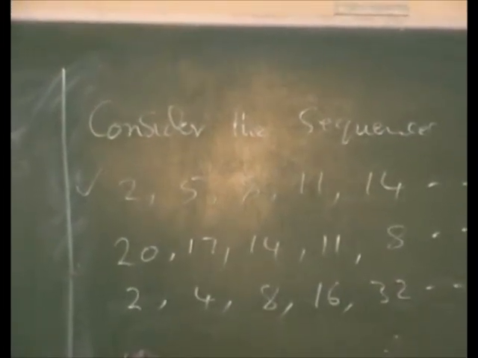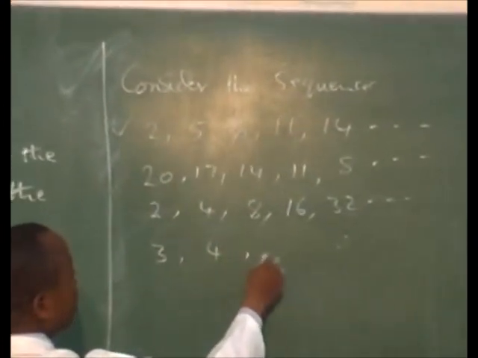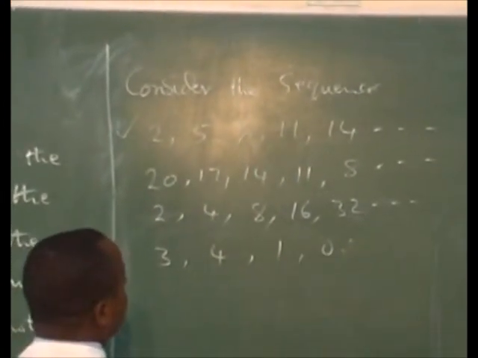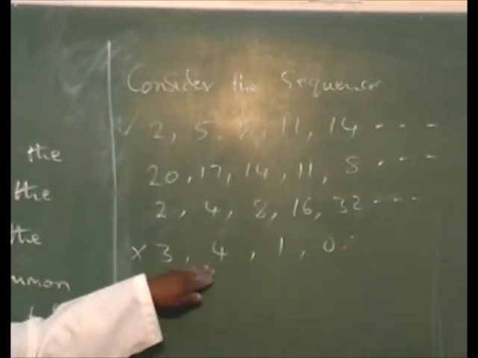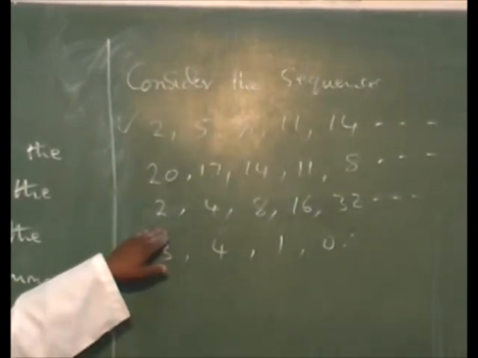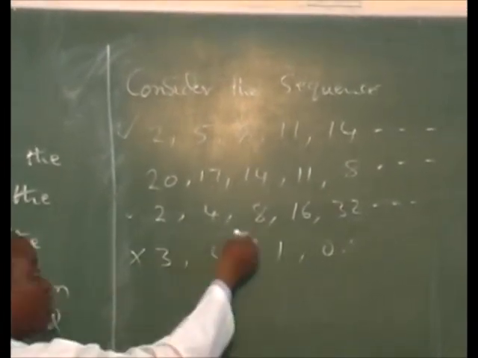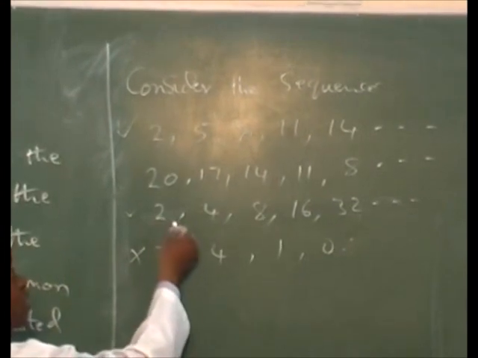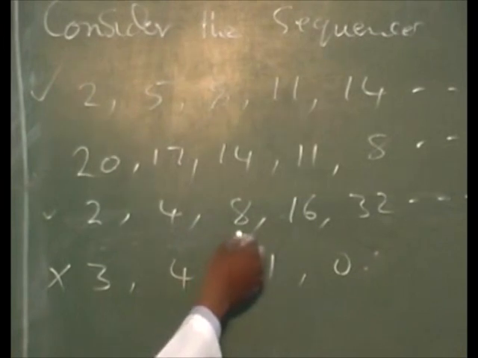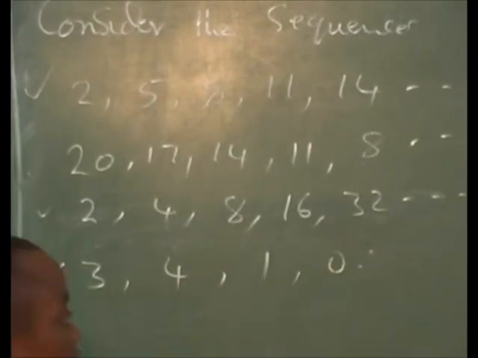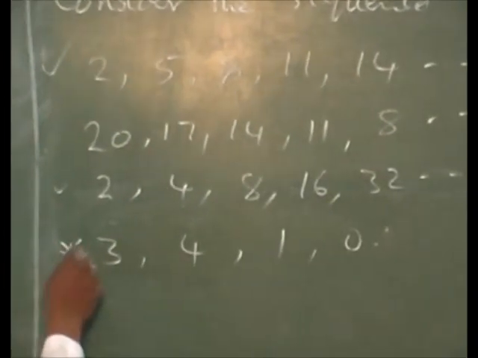This one is GP, because it is by multiplication of a constant number, that is 2: 2 times 2 gives 4, 4 times 2 is 8, 8 times 2 is 16, 16 times 2 is 32. Now we normally see that this other one is not a sequence, the reason being that it doesn't follow a particular pattern.